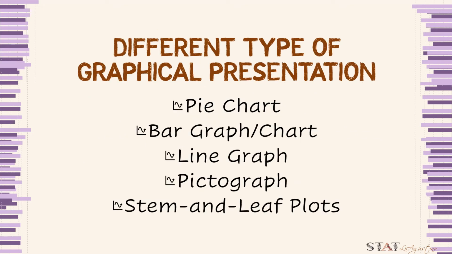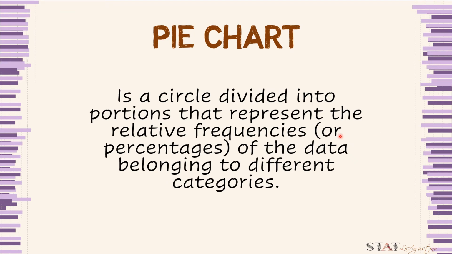Okay, we have here the different types of graphical presentation. We have the pie chart, the bar graph or bar chart, the line graph, the pictograph, and the stem and leaf plots. Pie chart comes from the word pie.